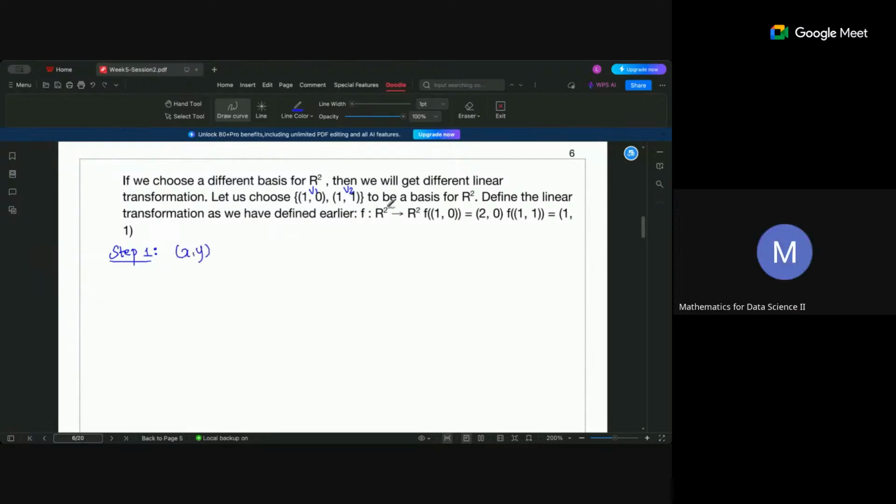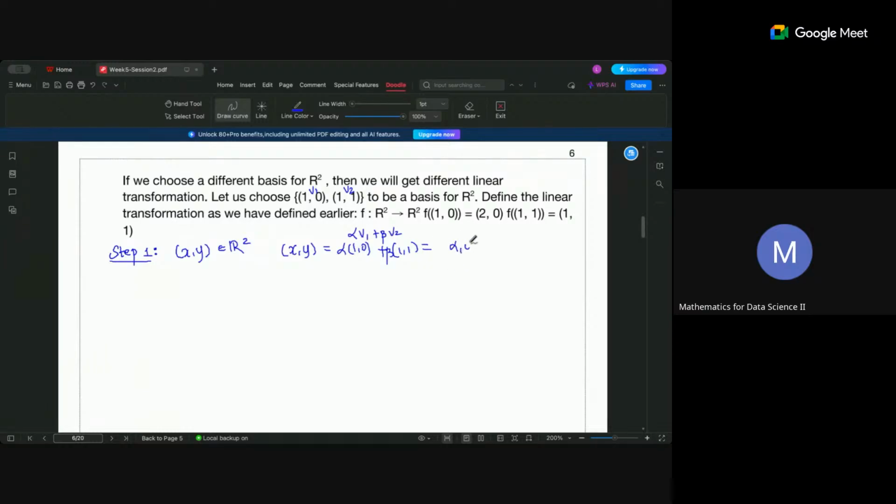From the domain R2. Then alpha times (1, 0), the e1 vector, plus beta times (1, 1), and then comparing with (x, y). So here how will you compare? First let's simplify and write.